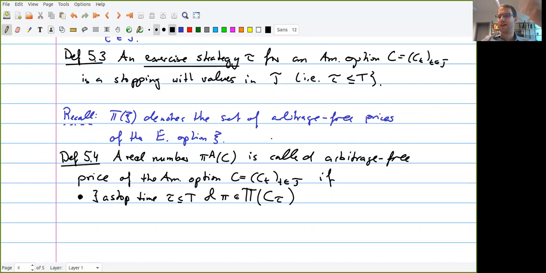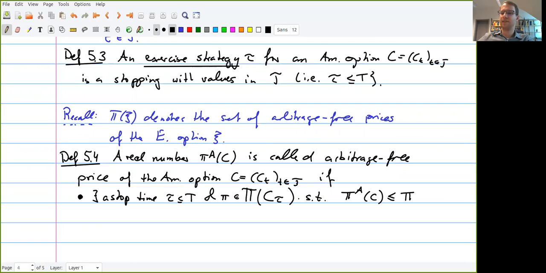So this is a non-negative F_tau measurable random variable. So in our sense, it's a European option, and we know we have a set of arbitrage-free prices. Aside to that, the price of the American option is less or equal than pi.